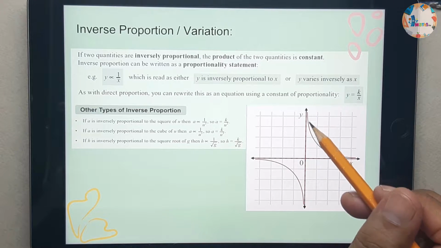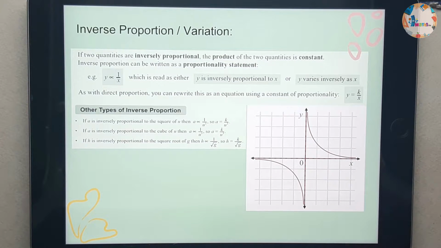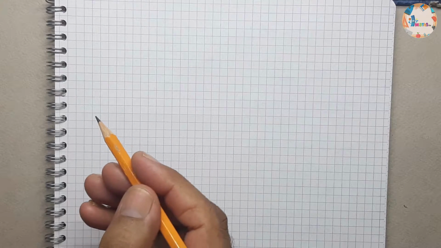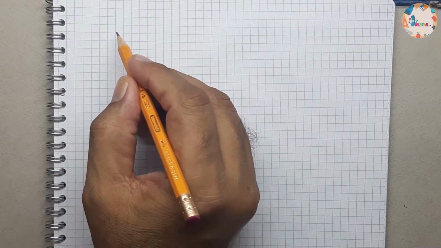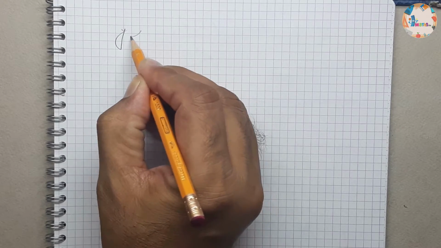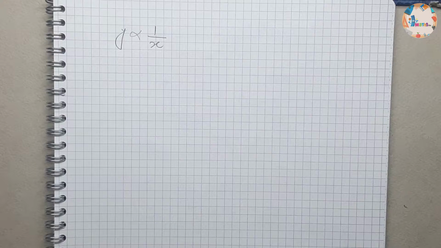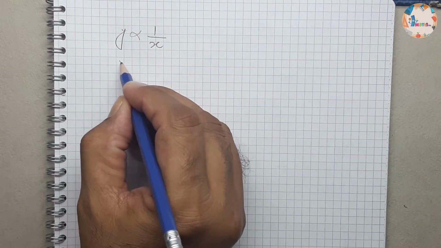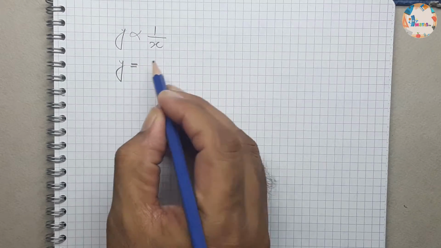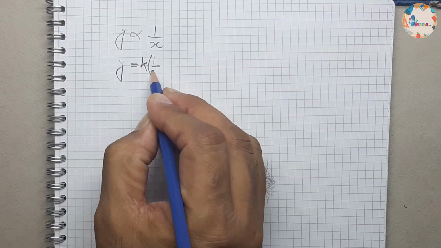So inverse variation has graphs like this. Now I will explain on the paper. When it is given that y is inversely proportional to x, we write it like this, and we can change the proportionality sign into an equality sign and write y is equal to k into 1 over x.